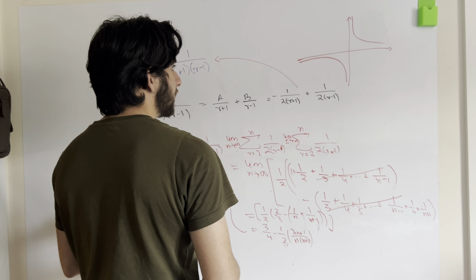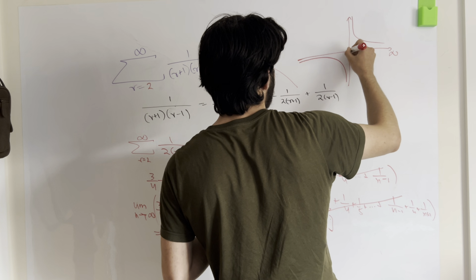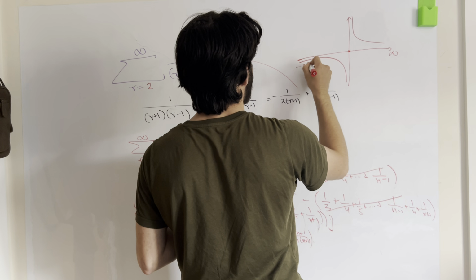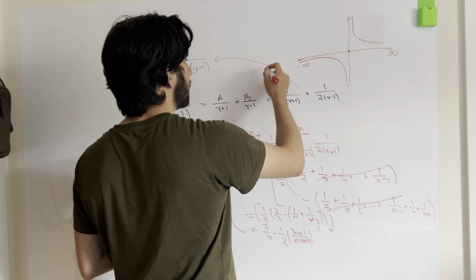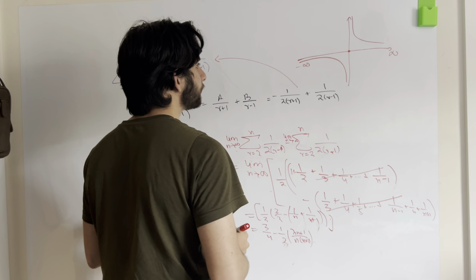Crucially, this is because as x balloons off to infinity, y will go to 0. Likewise, if x balloons off to minus infinity, y will go to 0 as well.